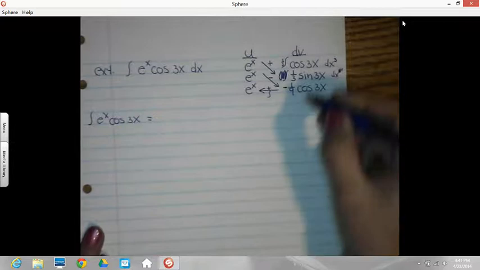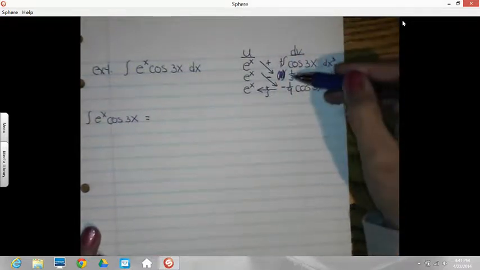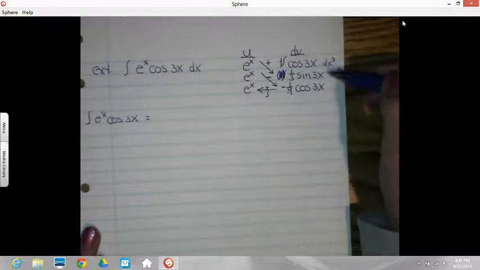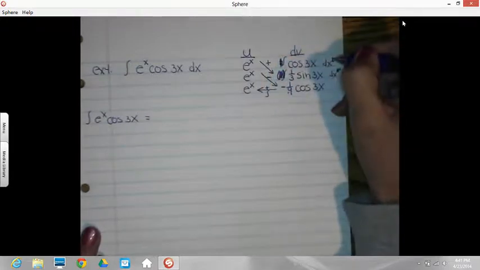Equals, and then we'll do our diagonals. So here, I only want the 1/3 sine 3x. I don't want that 1/3 that was a part of this integrating. That's why I scribbled it back out. So I should probably scribble that out too, but not that we use that first one.